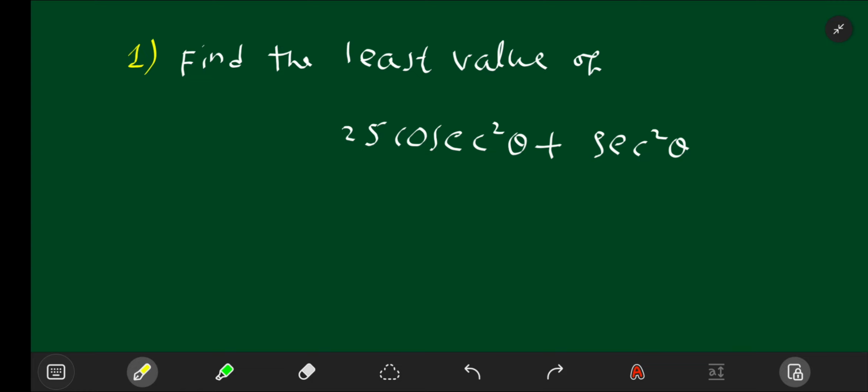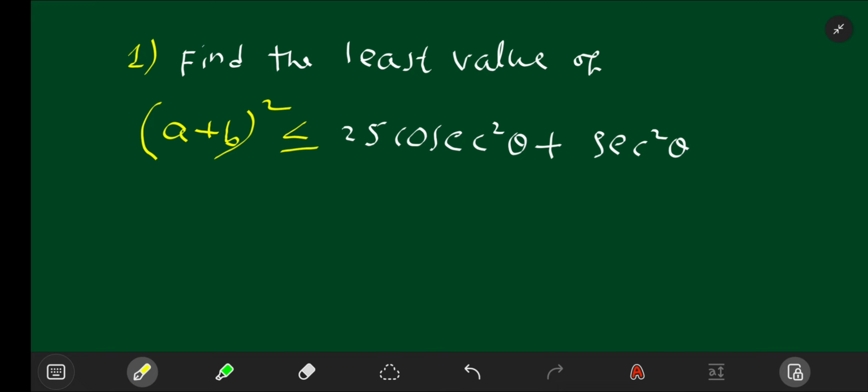Don't confuse with these two words. Least is equal to minimum only. Least and minimum are both the same words. Okay. Same meaning. Here the question is like this. A cosec square theta plus sec square theta. Find its minimum value. Asking for minimum value. We already know the minimum value for this equation. The formula is a plus b whole square.